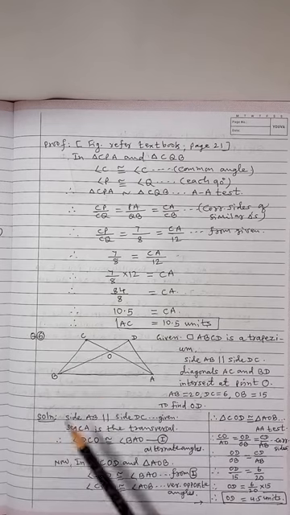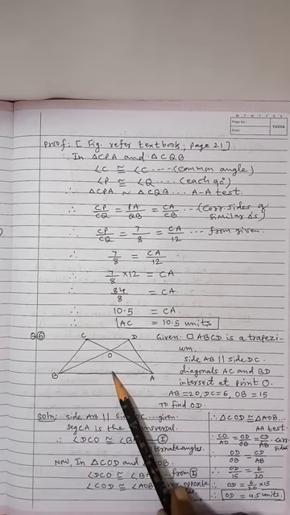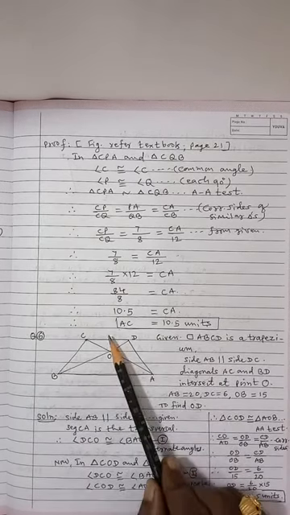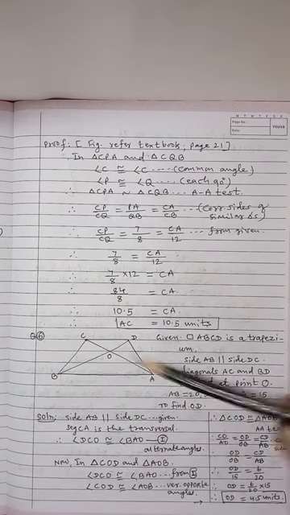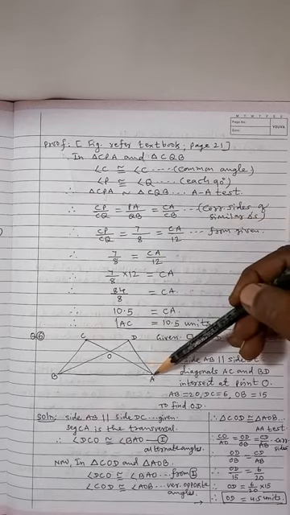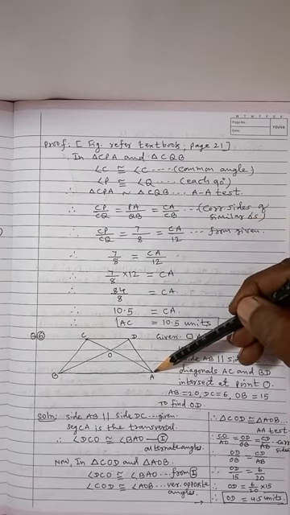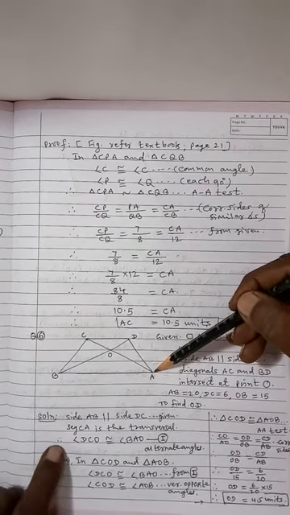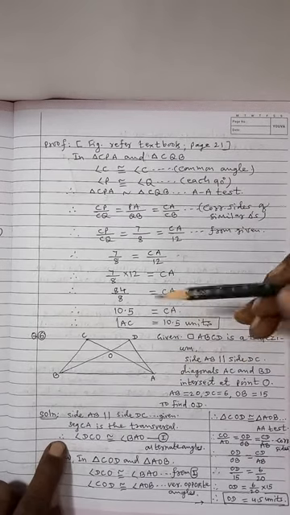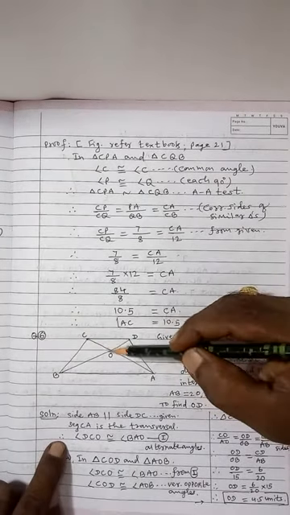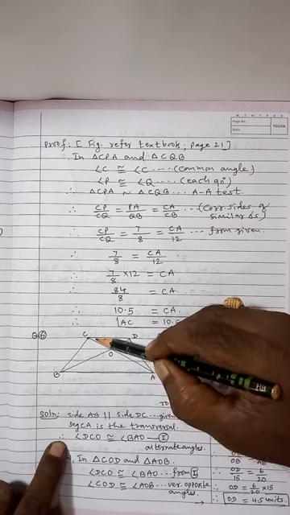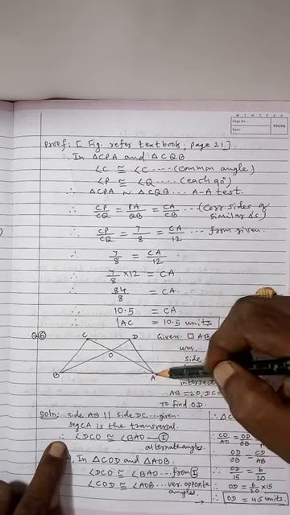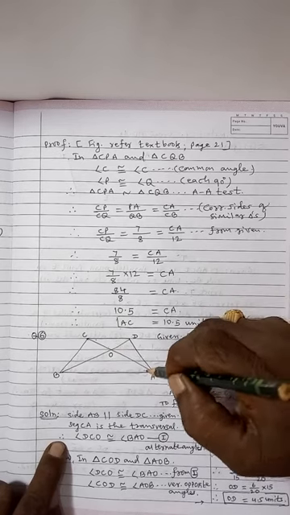Pay attention. Side AB is parallel to side DC. This is given. Segment CA, this one, is the transversal. Therefore, angle DCO, this angle, is congruent to angle BAO, this angle.